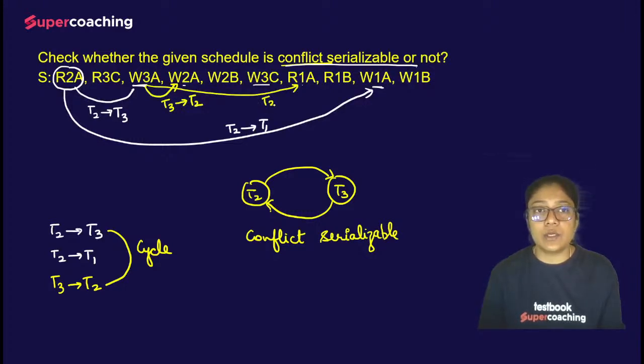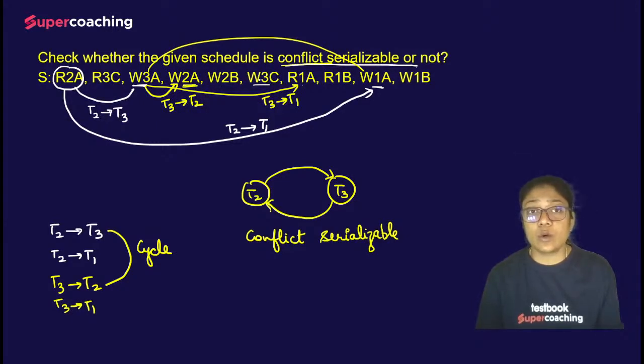Read operation, so it's there. This is T3 to T1. One more conflict pair is coming up, T3 to T1, which we have already considered. Next one is W2, write operation on data item A. It's performing read and write operation.